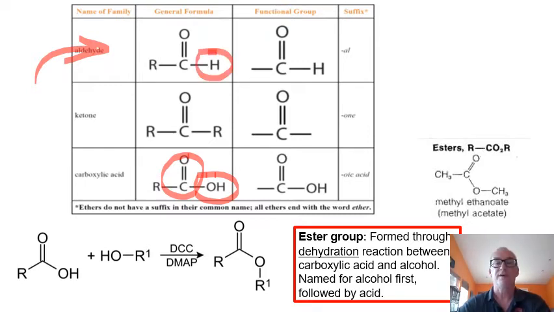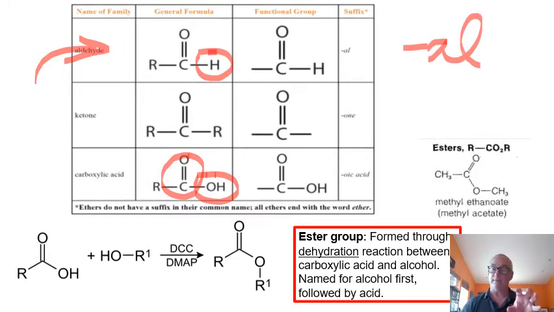And so the functional group is that carbonyl group plus the hydrogen, and we refer to the suffix there as -al. So instead of -ol for an alcohol, we say -al. So methanal, ethanal.